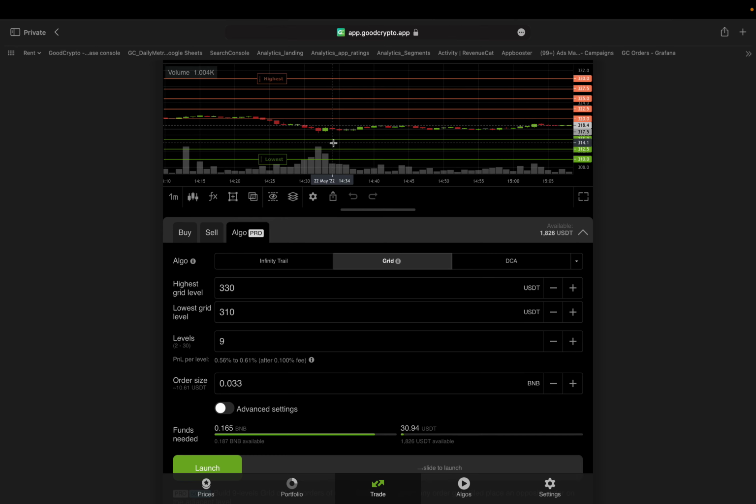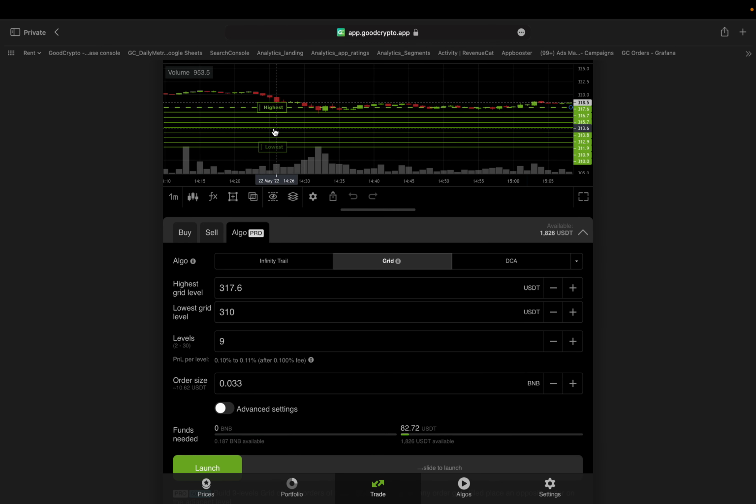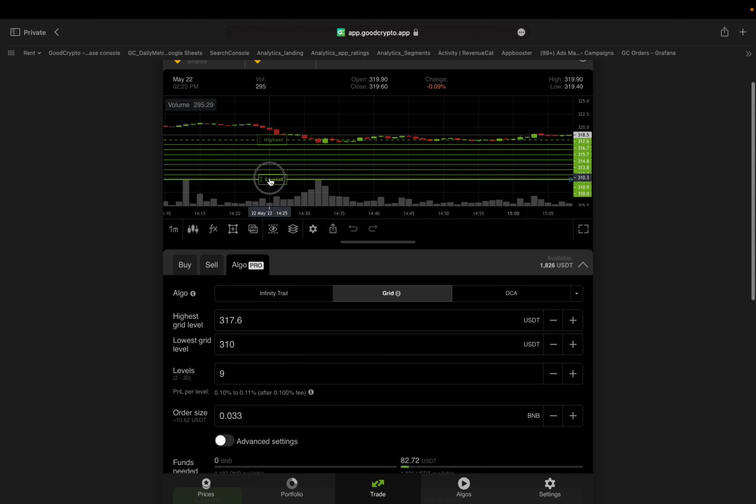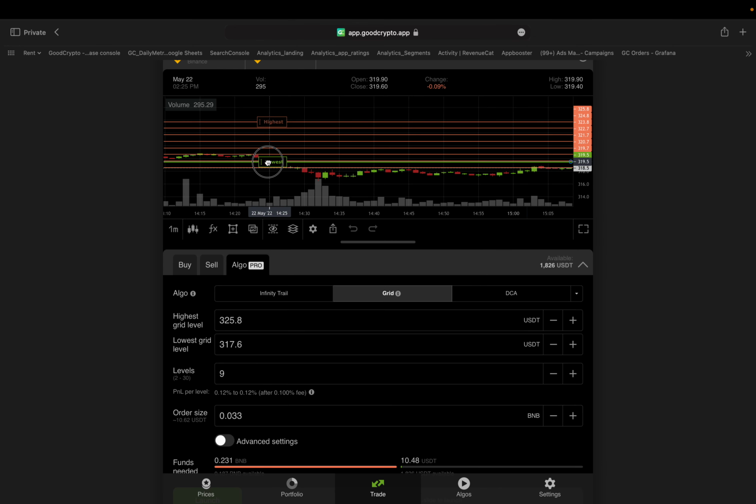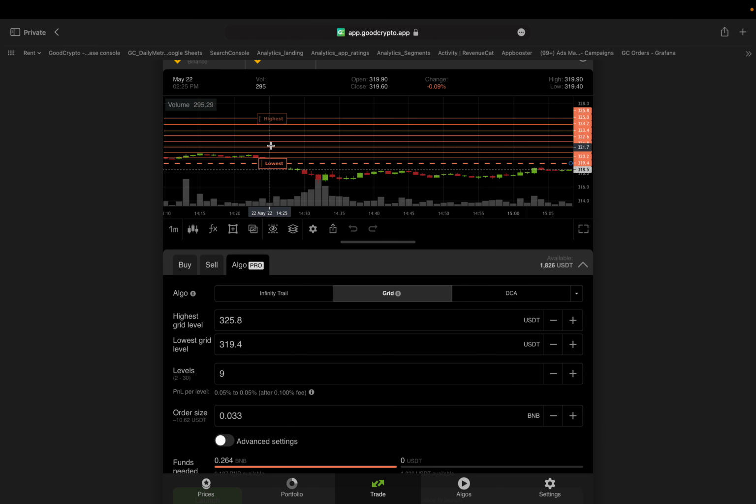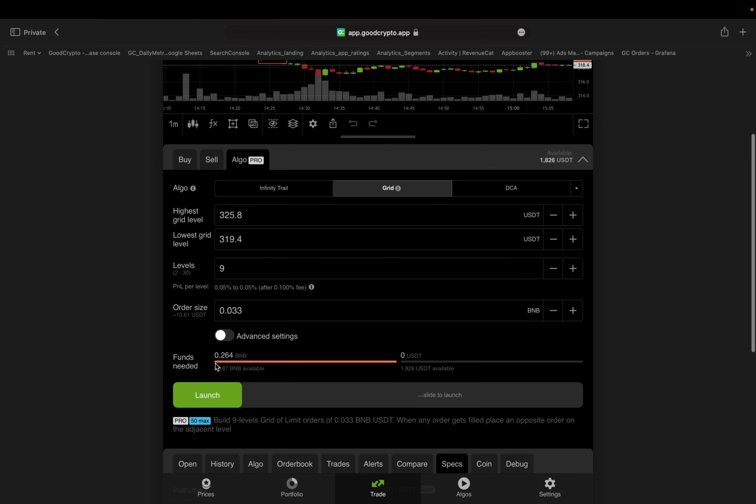Maybe to make it a bit more intuitive, let's go to the extreme and put the whole grid under the market price so that we won't have any sell order, just the buy orders. You see, now you don't need any BNB, right? The only thing you need to trade is the USDT, and vice versa. If we go to another extreme and put the grid above the market price, so that there will be only sell orders, the only thing you need is BNB.